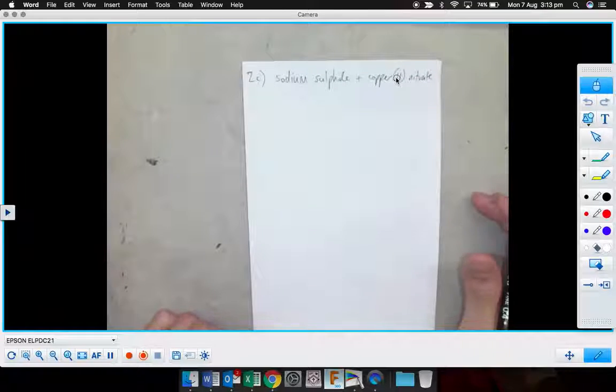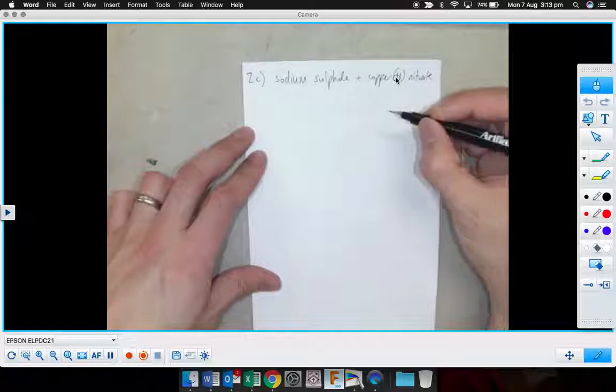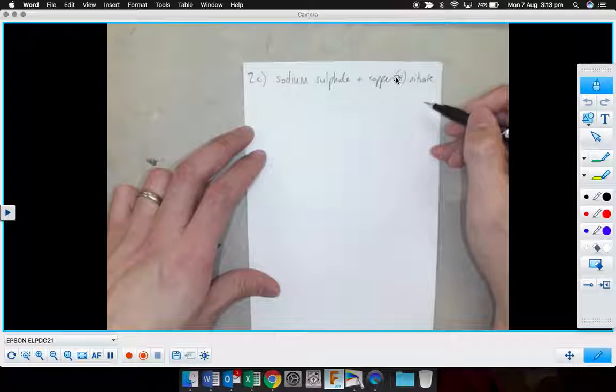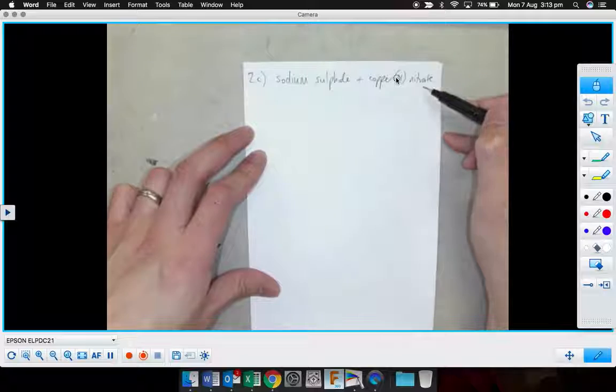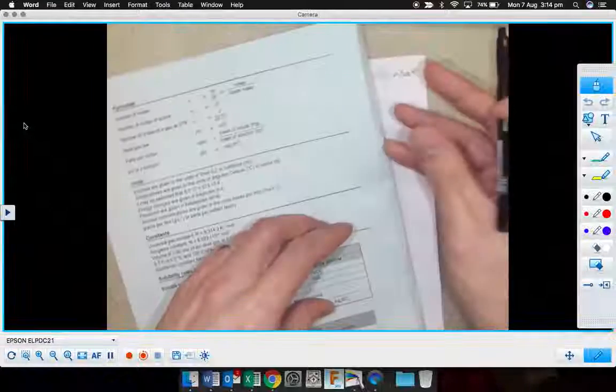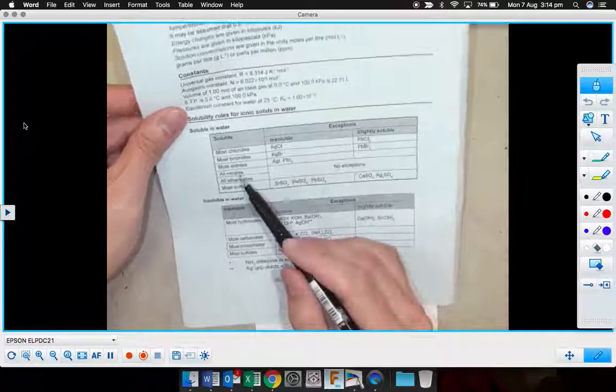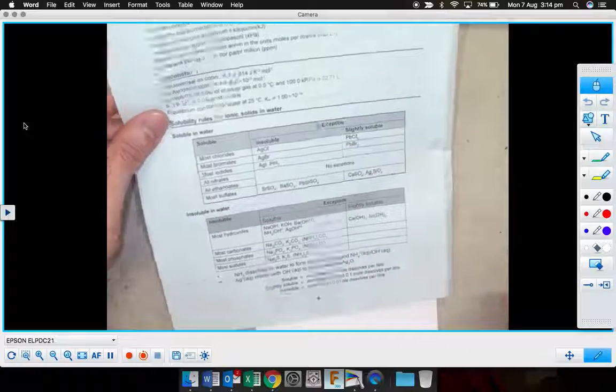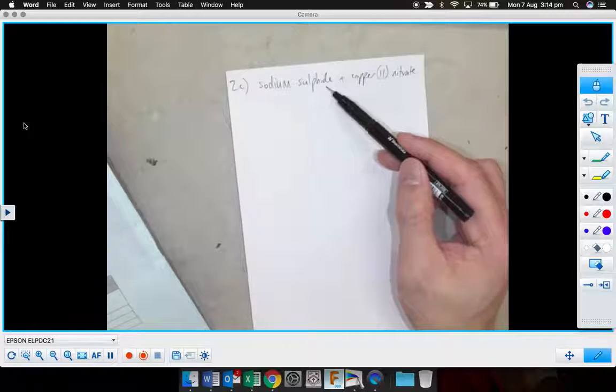Sodium sulfide and copper 2 nitrate. So let's work out the precipitate and the ionic equation. We have sodium nitrate, which is over here. All nitrates are soluble, no exceptions. And copper sulfide.